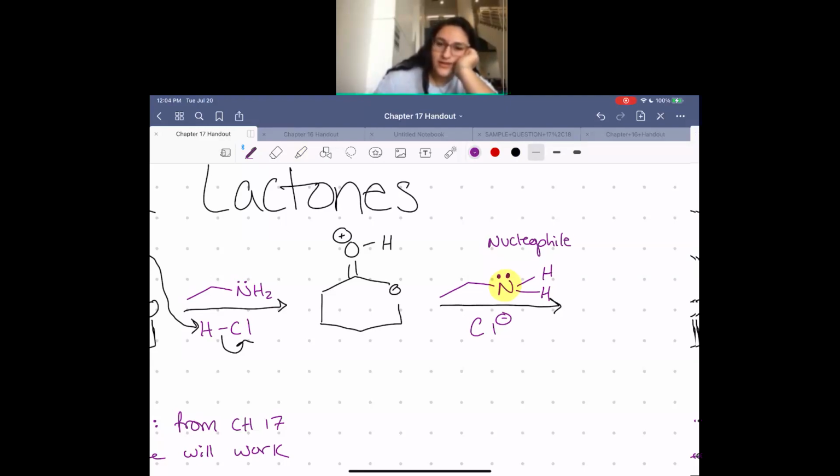And what is our electrophile? Be as specific as possible, please. So the lactone, the carbonyl, both are correct. The carbonyl carbon, yes. So this right here, electrophile.